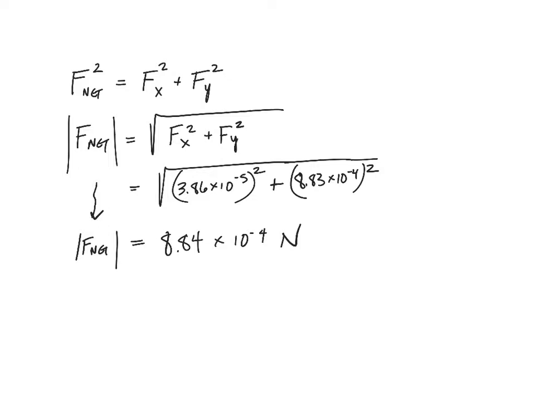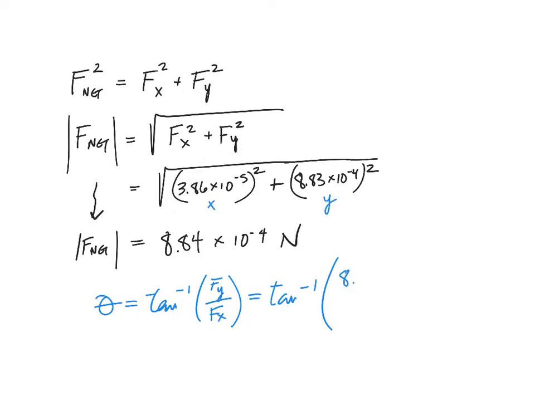But we could, and we should, since this problem asked, find the direction. The angle theta will be the inverse tangent of the y part of the force relative to the x part of the force. So that's going to be the inverse tangent of, here's the y part, here's the x part, 8.83 times 10 to the minus 4th over 3.86 times 10 to the minus 5th.